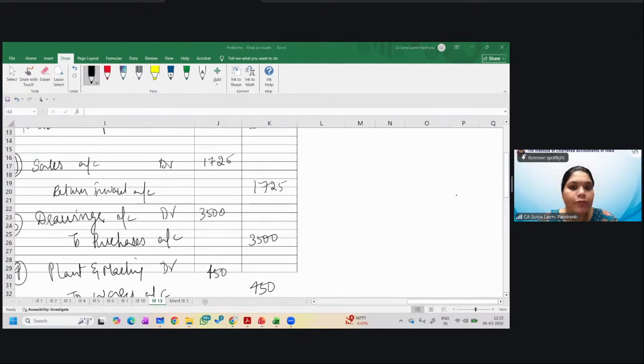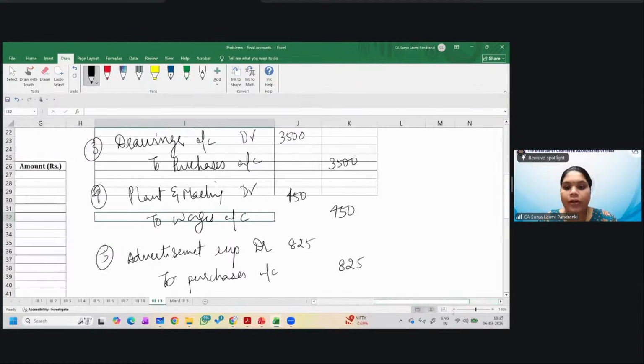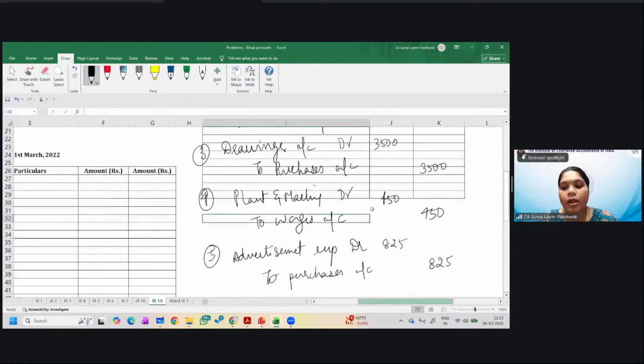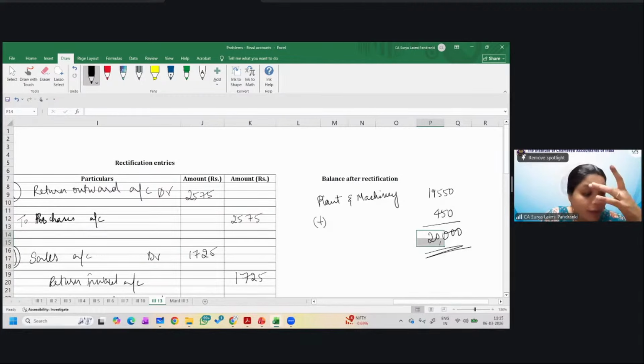What is the journal entry we posted for plant and machinery? The fourth journal entry we posted has 450. Should it be added or reduced to plant and machinery? Added. 450. So what will be the plant and machinery value now? Calculate the value. Okay, 20,000. Fine. So the final balance of plant and machinery after rectification is 20,000. Correct? Done. Next one.